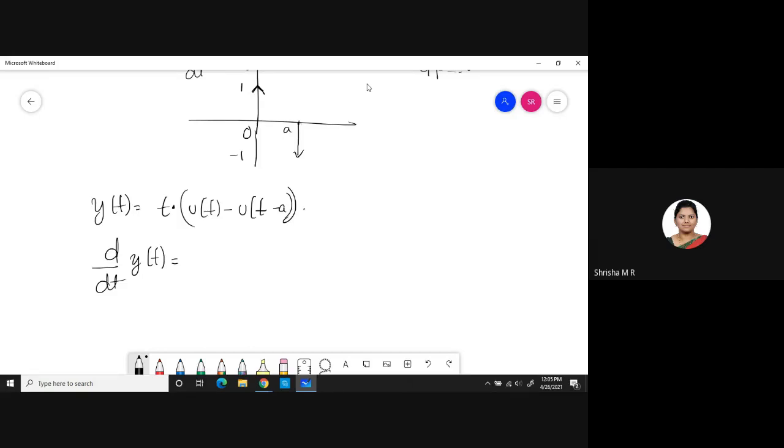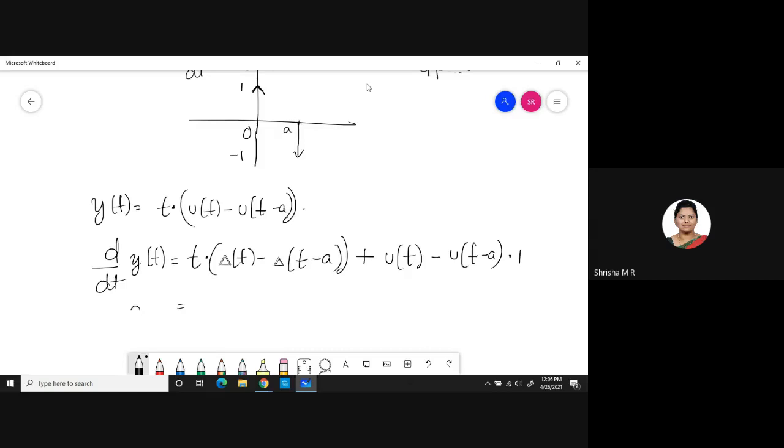How do you use the product rule? You keep one function constant and differentiate the other one, plus you differentiate the first and keep the other constant. Here I'll keep t constant and differentiate this, which gives delta t minus delta t minus a, plus I'll keep this function as it is and differentiate t with respect to t, which is 1.